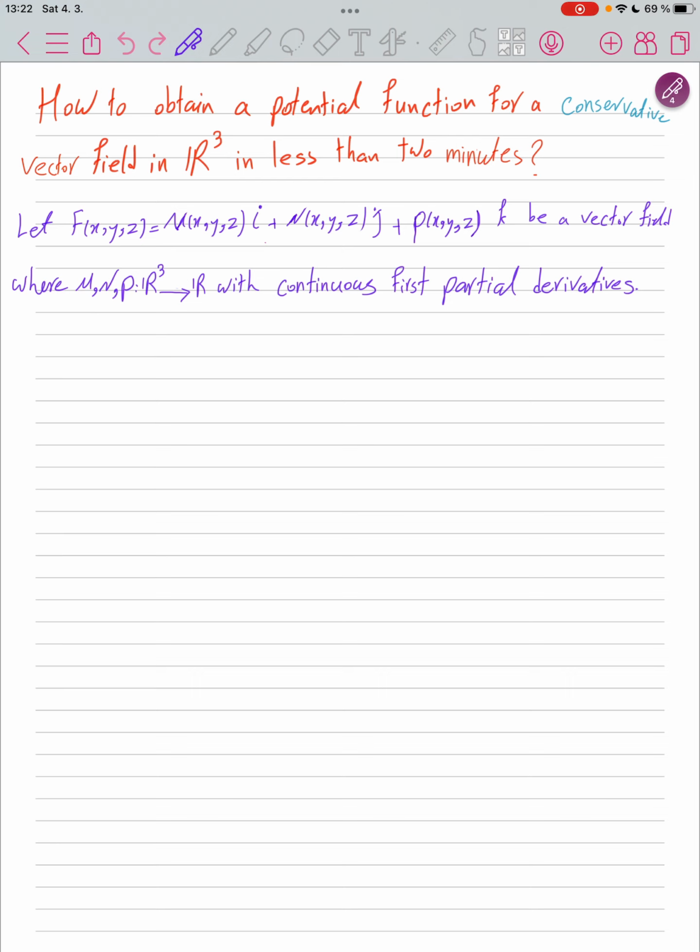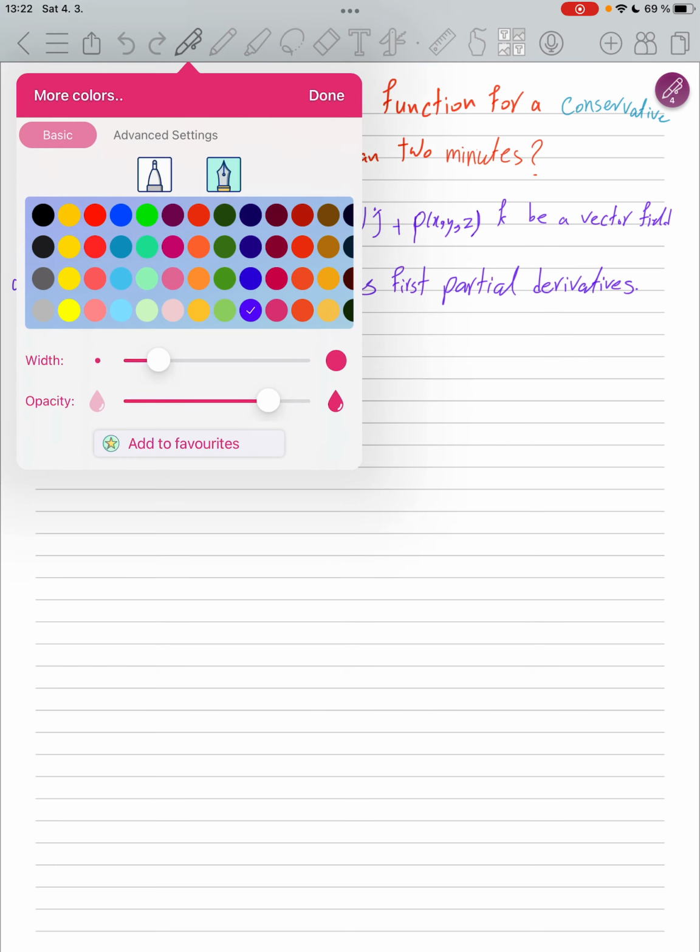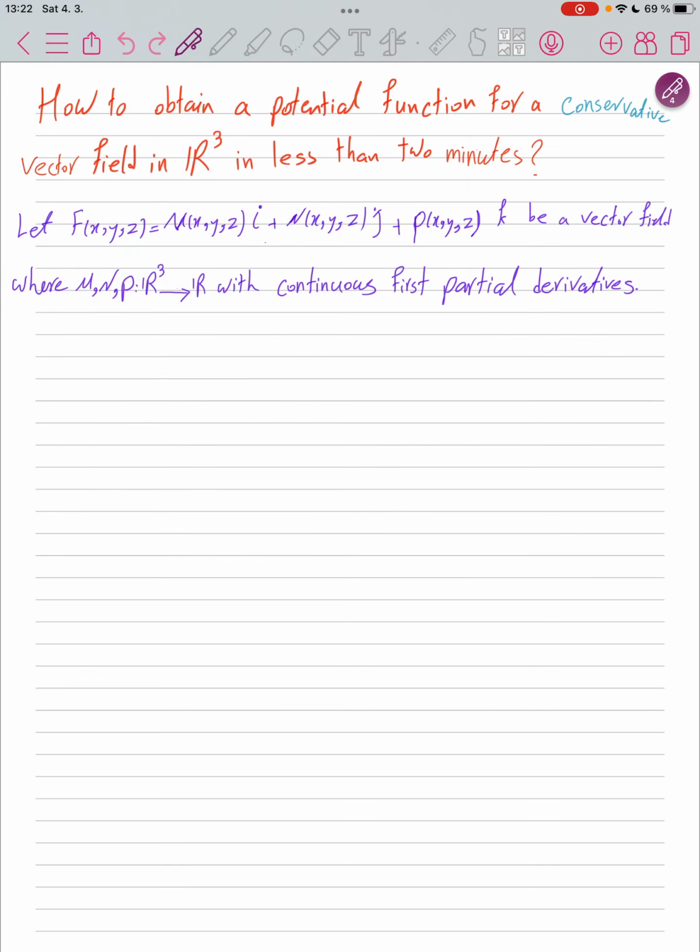So, suppose that we have a vector field in R3. Therefore, our vector field has 3 components. This component is called the I component of our vector field, this component is called the J component of our vector field, and this component is called the K component of our vector field.